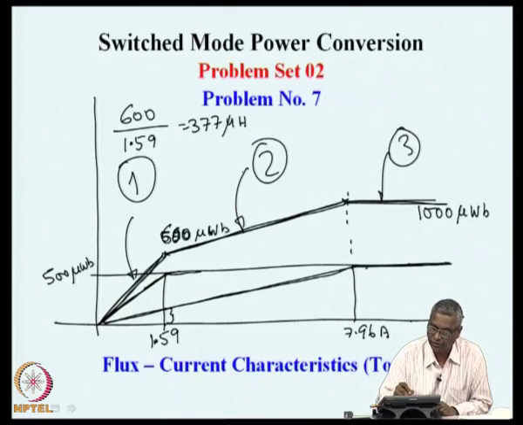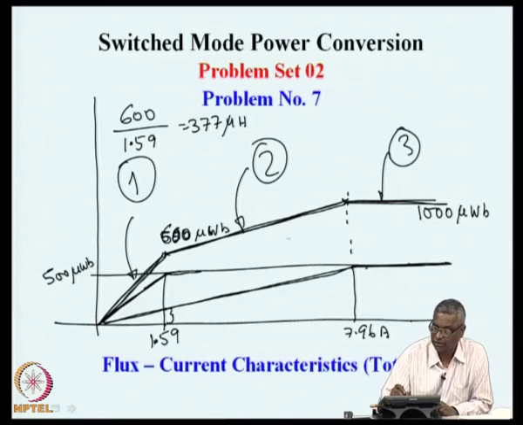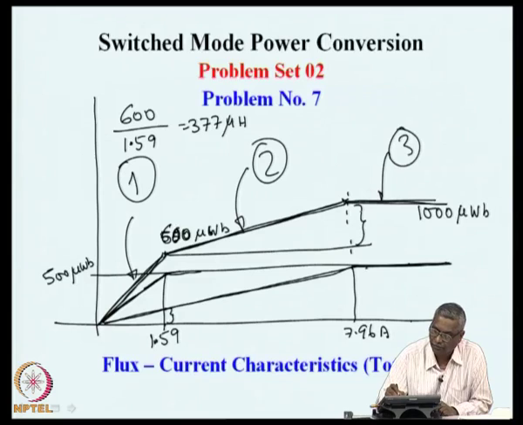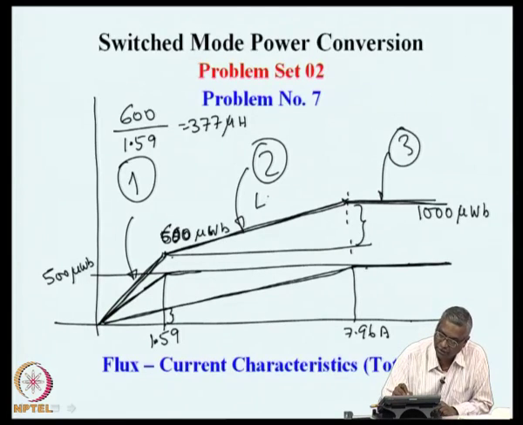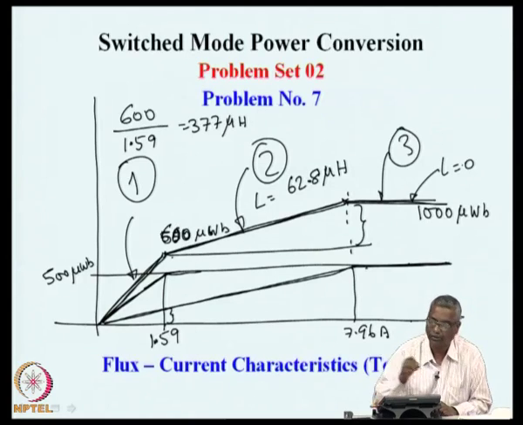And in the second region, the first core has saturated and there is no change in the flux. So, if you see the change in flux divided by change in current, in this region the effective inductance is the same as 62.8 microhenry, and in this region L is 0.